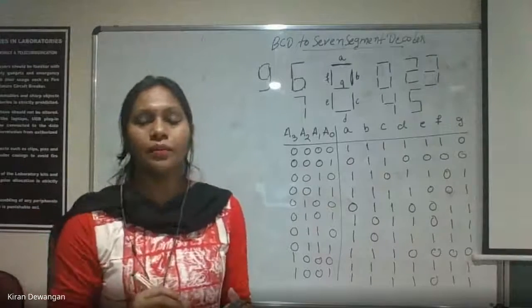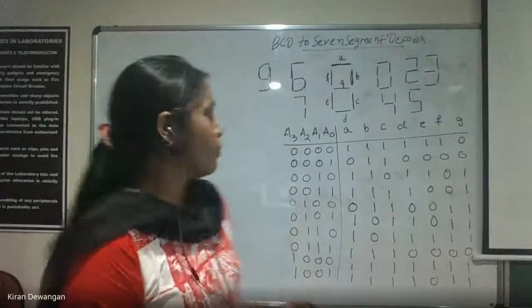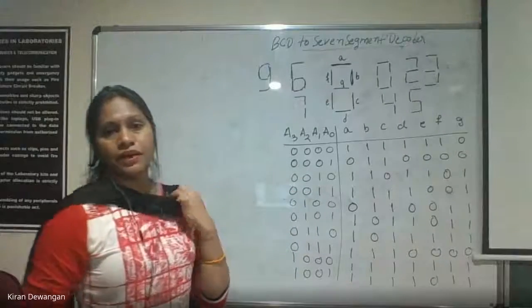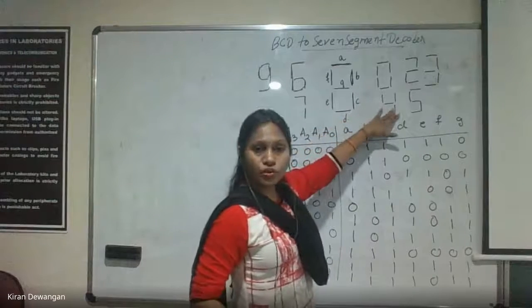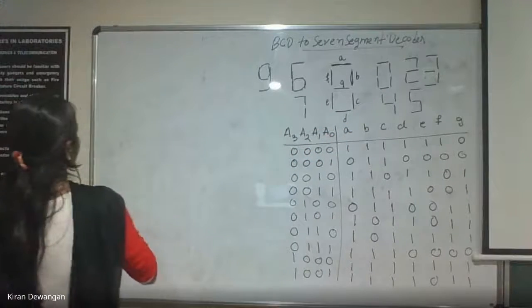So we were discussing about designing of BCD to 7-segment display. These are our input combinations. These are our output combinations. What will we do?